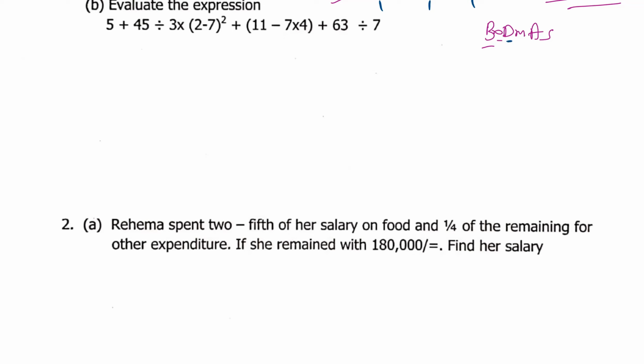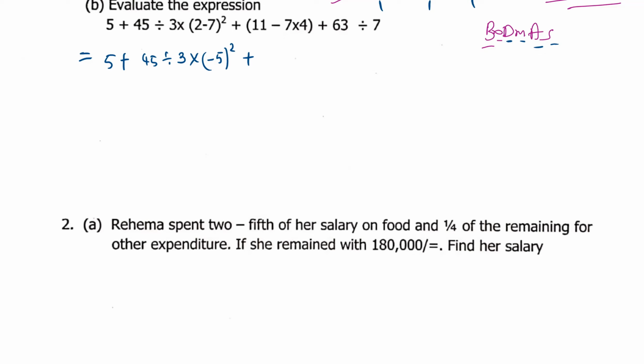If there is division, then multiply, add, and then subtract. So starting with the bracket, this is equal to 5 plus 45 divided by 3 times 2 minus 7, it is -5 squared, plus 11 minus 28.